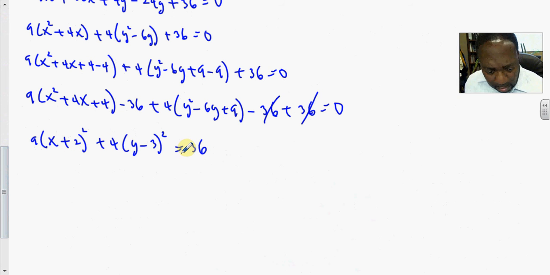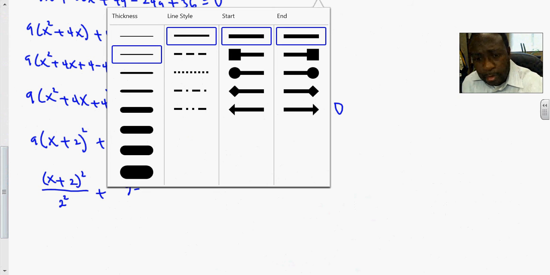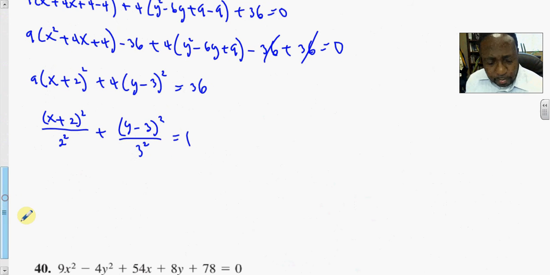Divide both sides by 36, and so that gives us x plus 2 squared all over 9 divided by 36 is 4, which I'm going to write as 2 squared, plus y minus 3 squared over 4 divided by 36 gives us 9, which I'm going to write as 3 squared, equal to 1.